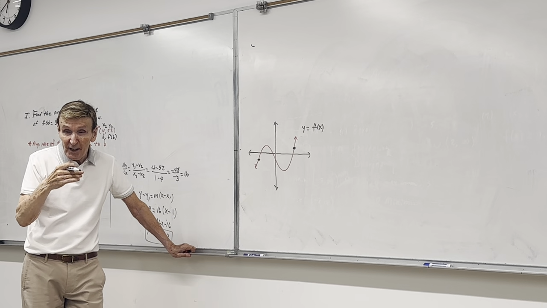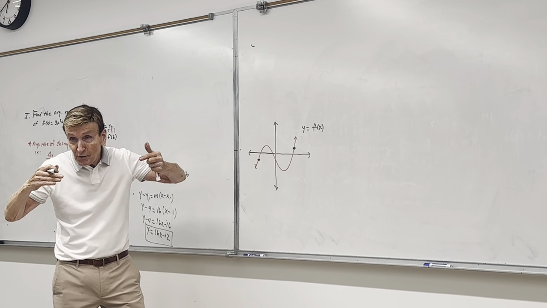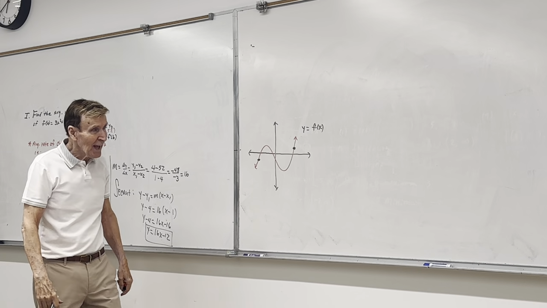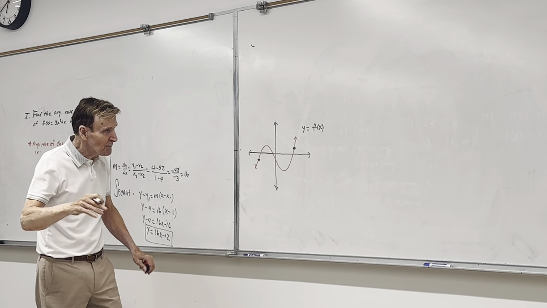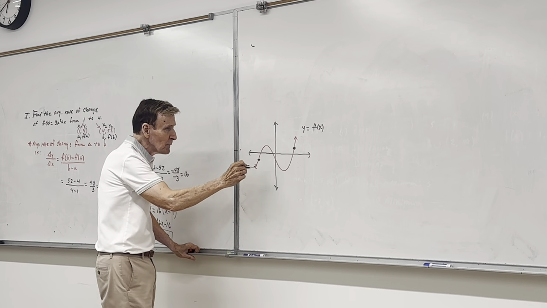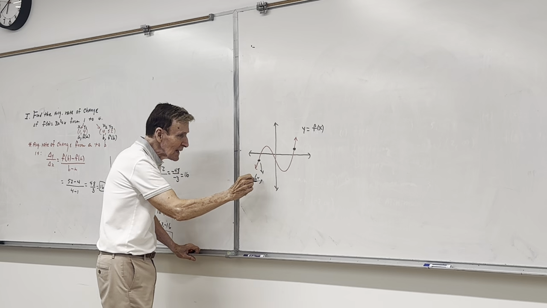Thinking back, same discussion we had before the break. So here's my initial point, here's my terminal point, stay on the red graph, move from one to the other. Now I'm gonna label these points in a manner you haven't seen yet. Rather than use numbers, I'm gonna call this point right here, x, f of x.